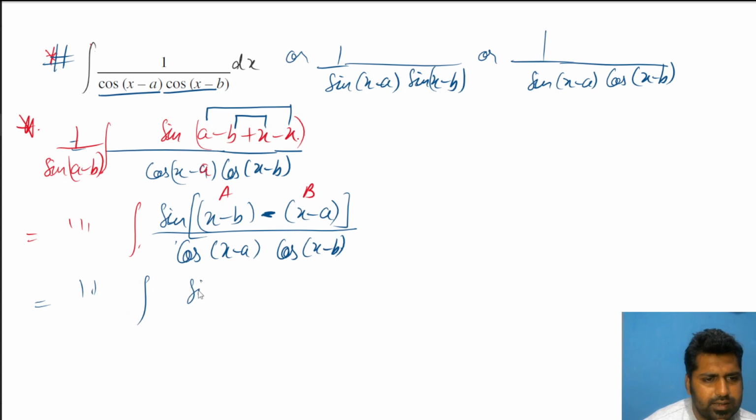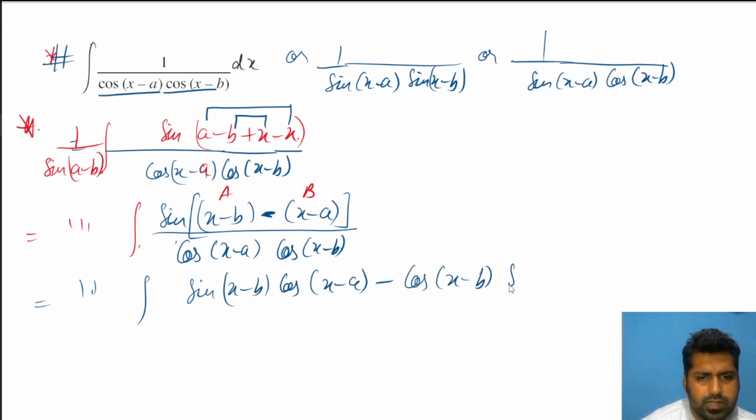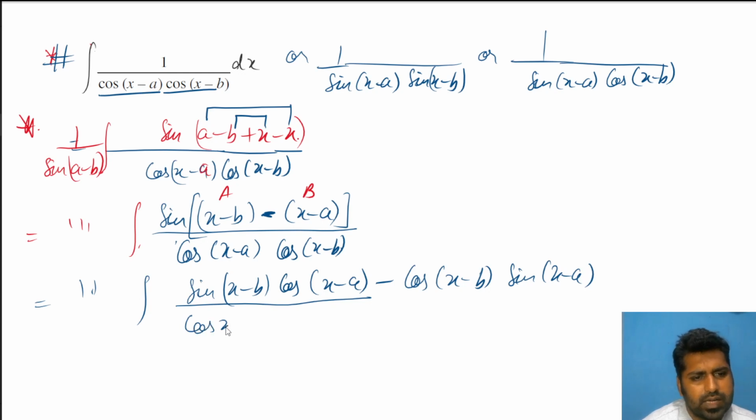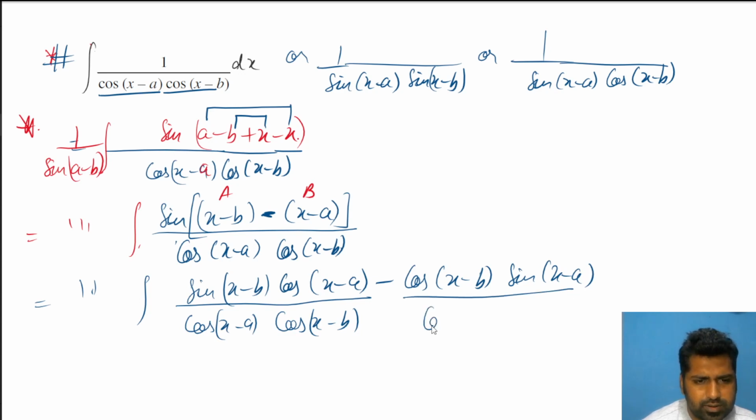Integration, this is sine a cos b, so sine a cos(x minus a) cos(x minus b), minus cos a sine(x minus a) cos(x minus b)... Denominator I'm splitting it, cos(x minus a) cos(x minus b).